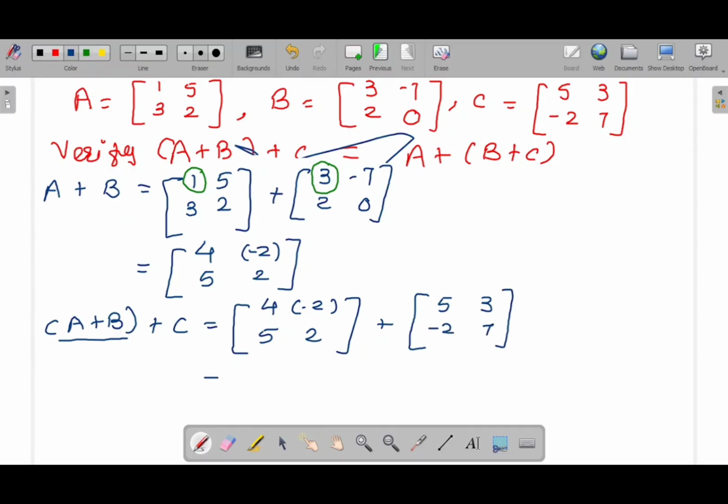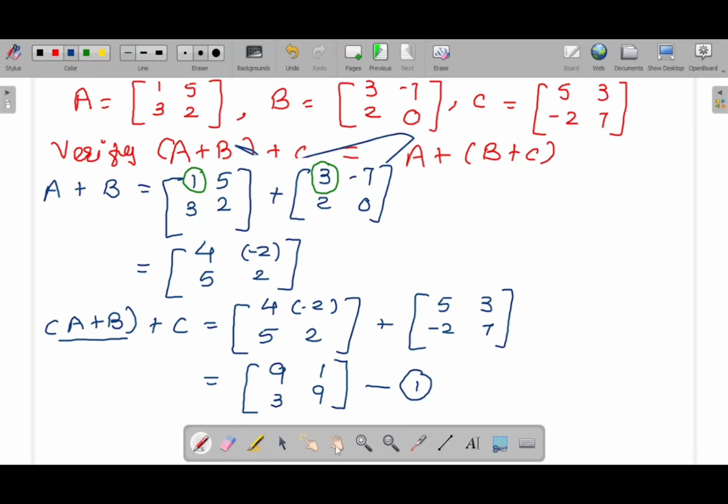When I do addition, you can understand the corresponding numbers: 4 plus 5 is 9, minus 2 plus 3 is plus 1, 5 plus minus 2 is 3, 2 plus 7 is 9. So this is my resultant matrix of the entire LHS. Let me call it result number 1. We will come to this point again, and then we will solve result number 2 also and compare with it. Okay, so let's go ahead with result number 2.